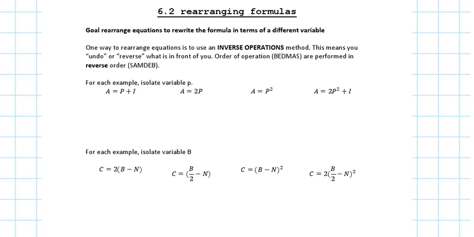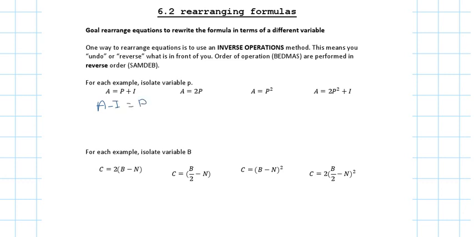So here's an equation. For each example, isolate for P. So you have A equals P plus I. How do you isolate for P? Move the I to the left side and you have A minus I equals P. Okay?